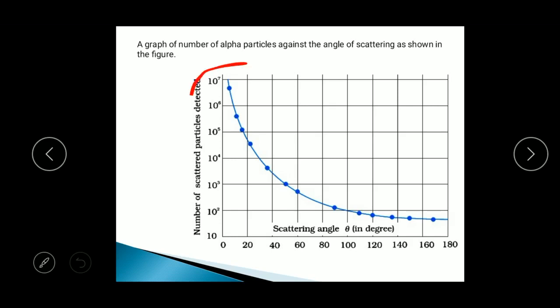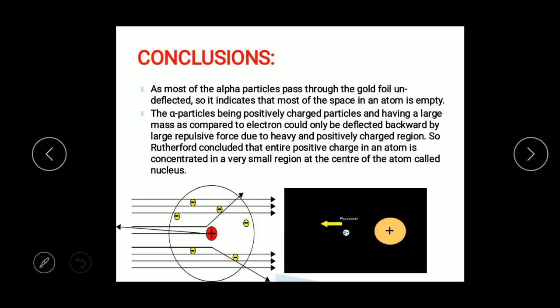But a large number of alpha particles pass through the gold foil undeflected, or the angle of scattering is very, very small. So with all these observations, we can give the reasons for the observations, and those are the conclusions of the Rutherford alpha particle scattering experiment, or Geiger-Marsden alpha particle scattering experiment.